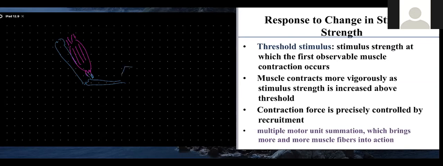So you keep adding a load until you can't move the load. Once you reach the weight that you can't move, this means that you did perform the maximal tension. This is the strongest contraction that you can perform.